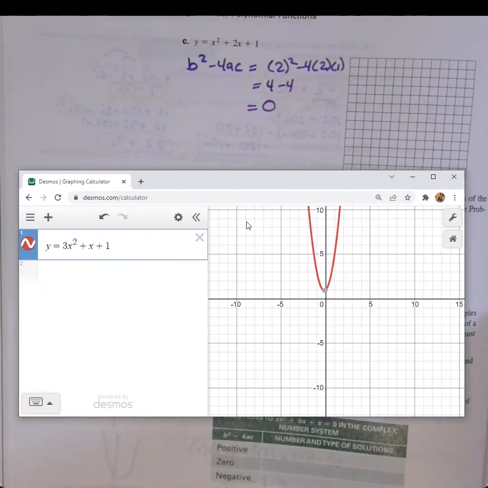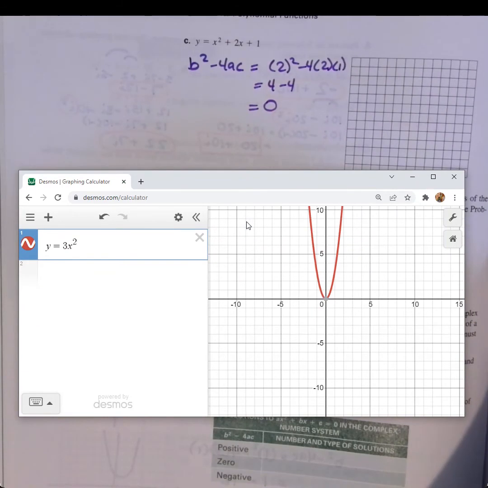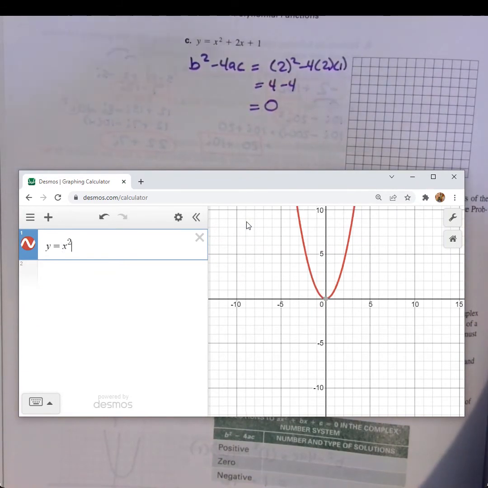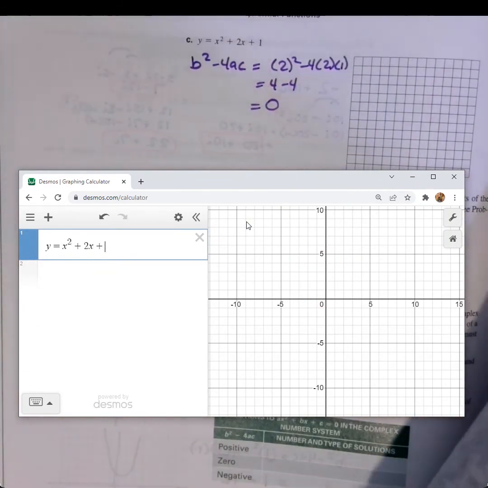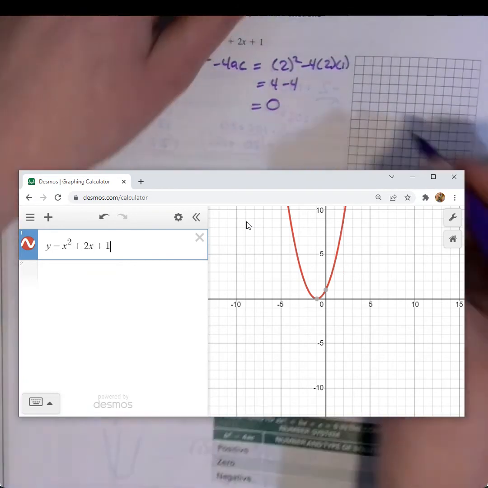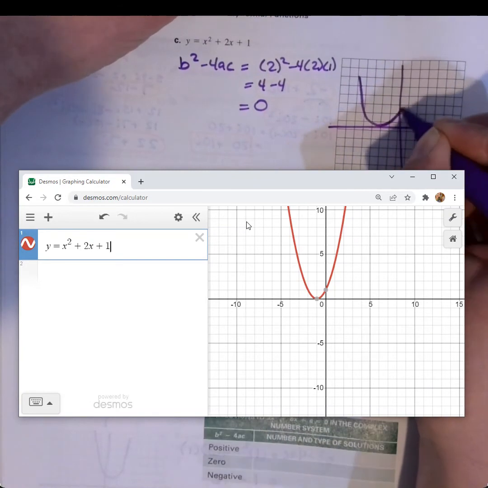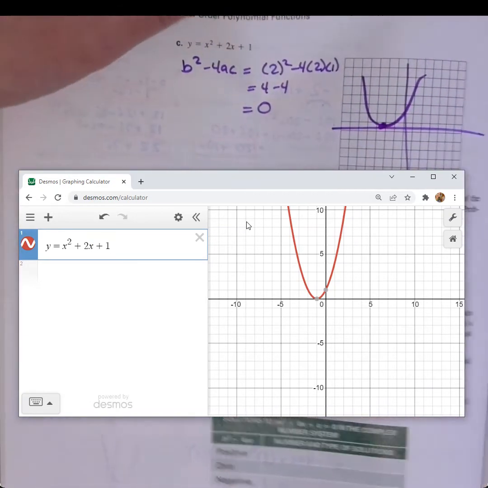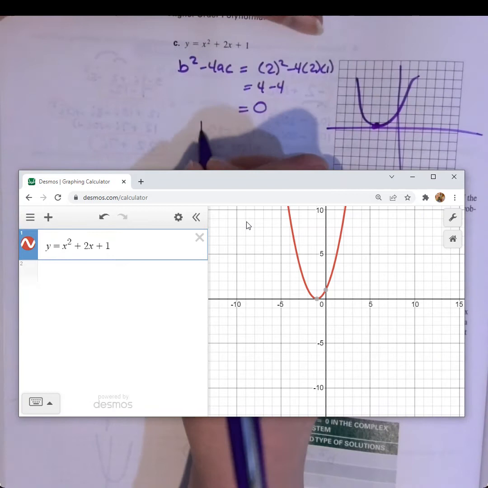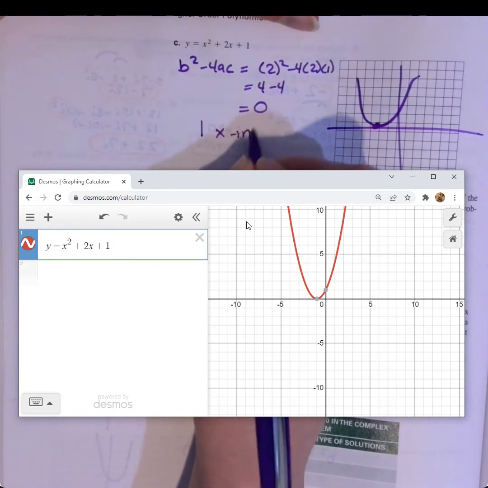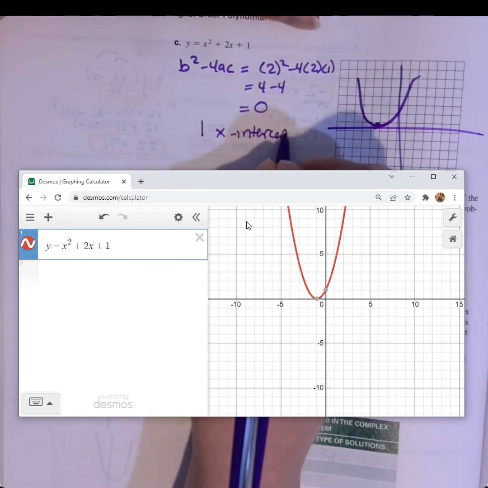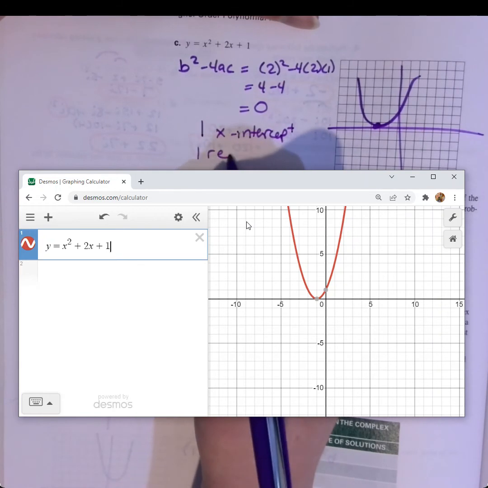So if I graph this one, I'm going to have the x squared plus 2x plus 1. So it has just the one x-intercept. And one real solution.